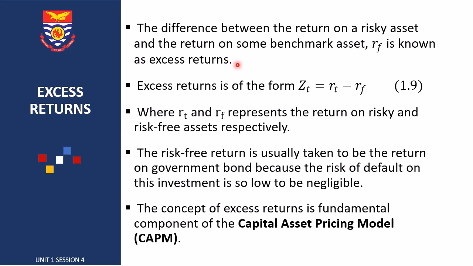By excess returns, we are simply considering the difference between the return on a risky asset and the return on some benchmark asset, which we mostly refer to as the risk-free, which is represented by the RF. So the difference between the returns on a risky asset and the return on a benchmark asset, that is mostly a non-risky asset, is known as excess returns.